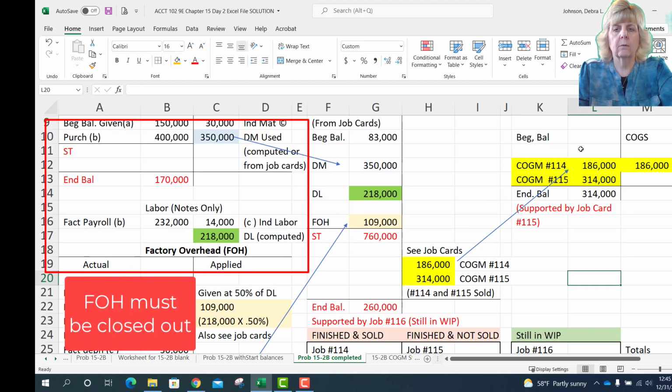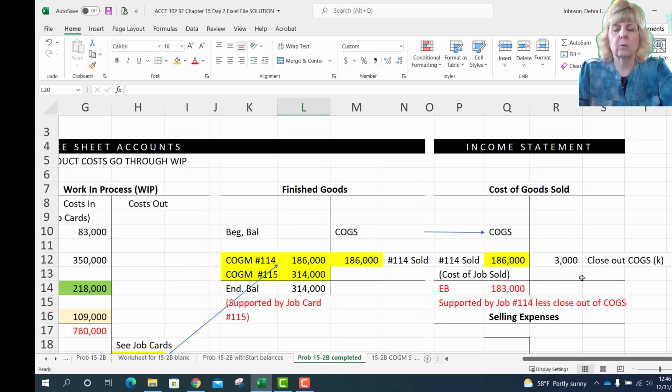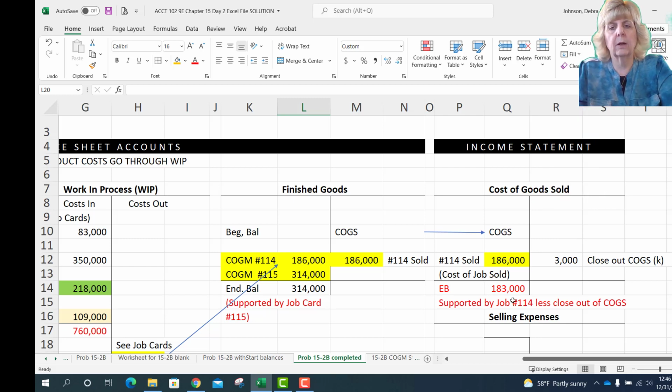So let me scroll over to the cost of goods sold account over here. You would see that $3,000 adjustment reducing the cost of goods sold, which is appropriate since the overhead was overcharged. That will show up and that will change your financial statements.